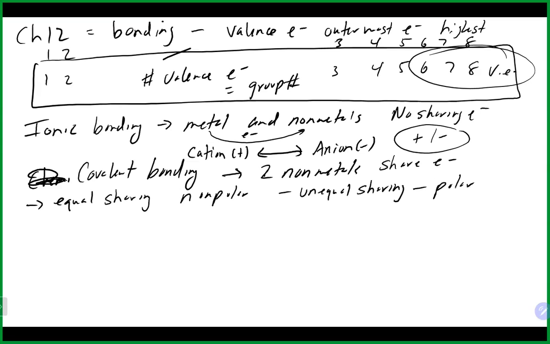What allows us to determine whether something is going to be a polar or non-polar bond is that we overwhelmingly use electronegativity. If you remember, there are electronegativity values that run from 0 to 4 on the periodic table. A guy by the name of Pauling came up with that.